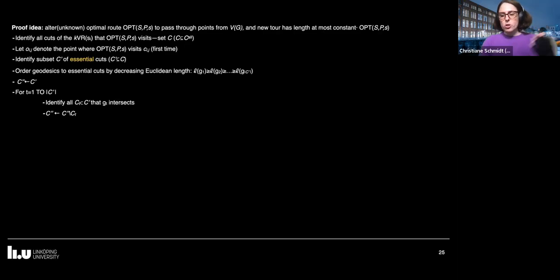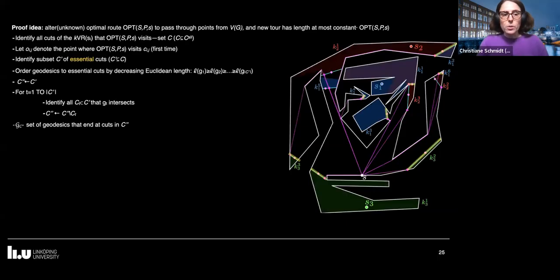So any geodesic that we're left with will not cut any other cut in the set that we're left with. So this is the set that we're ending with. So if you look at, again, the example that we had before, then the light yellow ones are our central cuts. So the other ones are dominated.